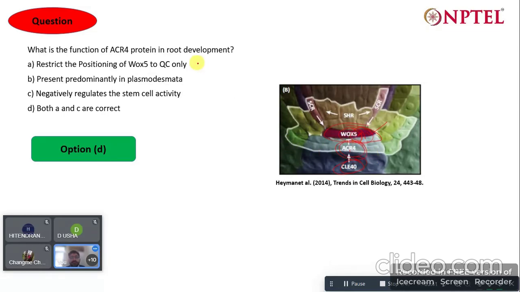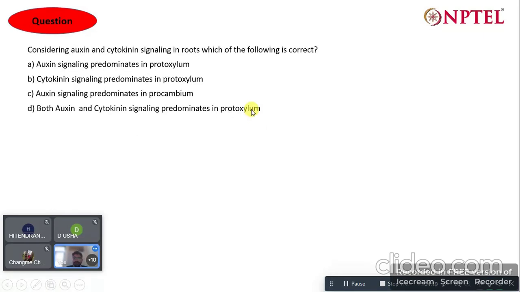And so these are the functions of ACR4, and this is the positioning of ACR4. So it's predominantly present in the plasmodesmata. Okay, so anybody has any doubt in this question? If not, then we'll move to the next question.